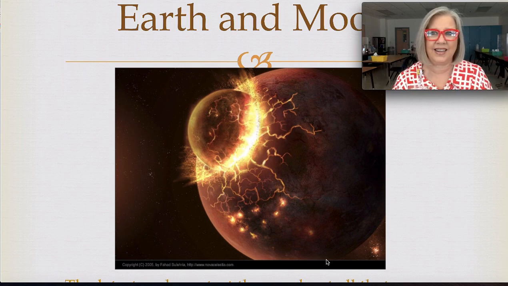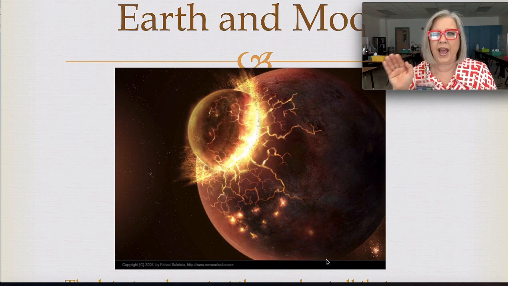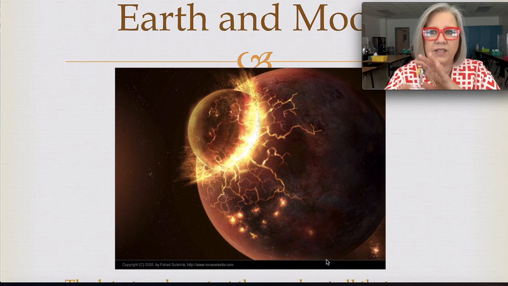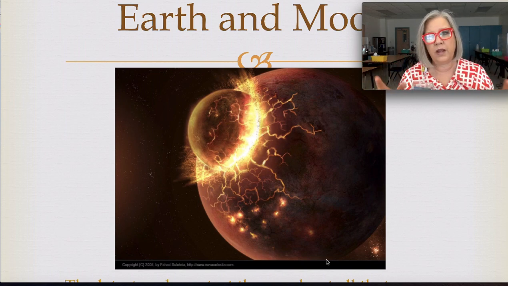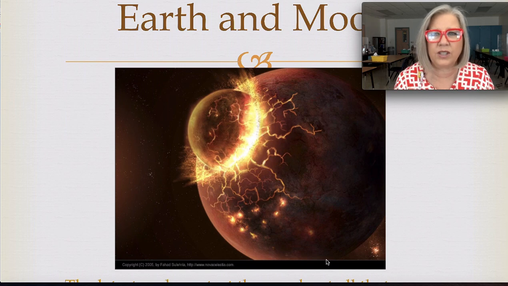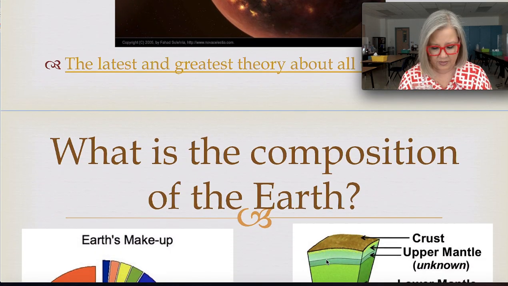So that's the leading theory. There's several others, but that's the one that makes the most sense. There's one that says it was passing by us, and then it got caught in our gravitational field and started moving around. But there's holes with all of these, and so we just don't know. That's the closest idea that we have.